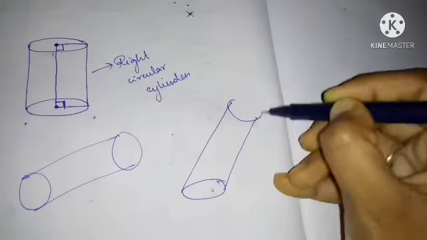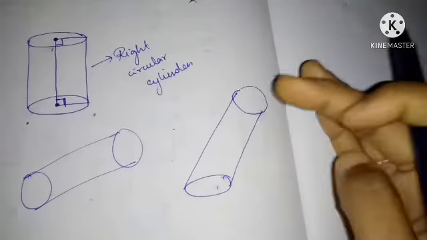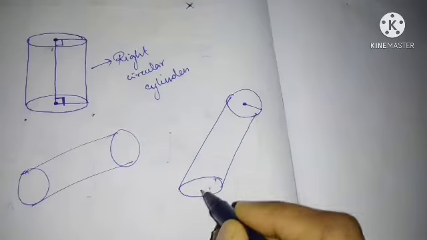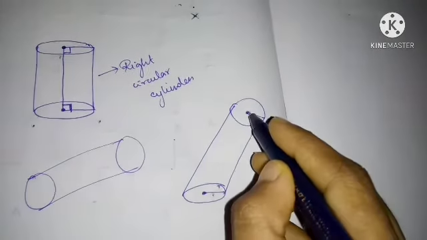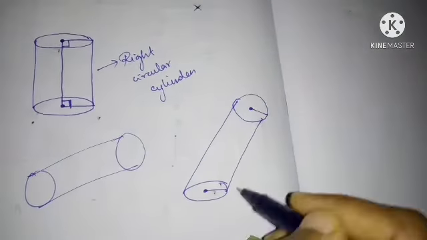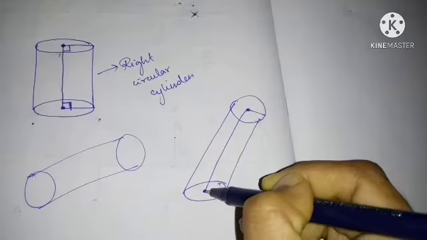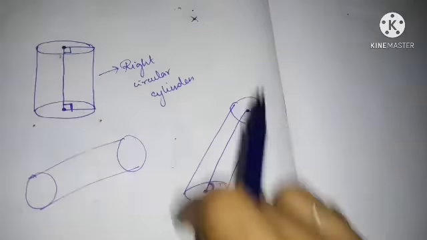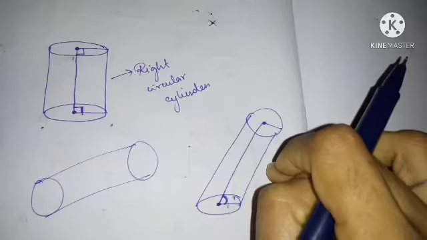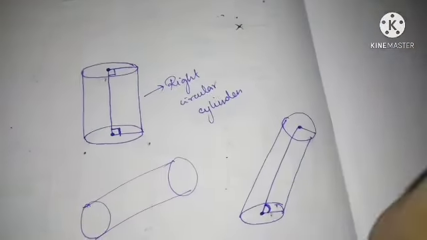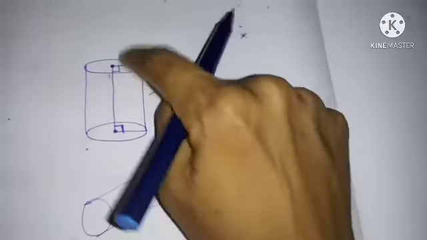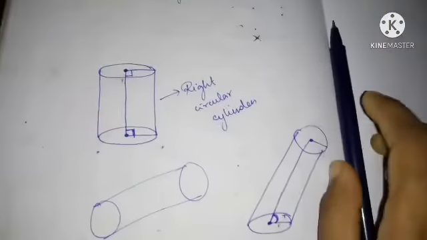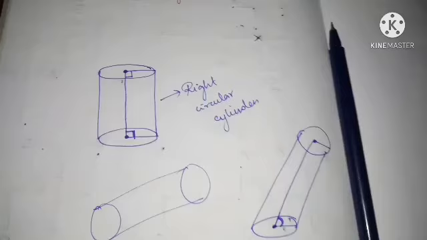Here, this is also one cylinder, and it has a center and a radius, but when I draw a line segment connecting two centers, it doesn't form 90 degree. So this is not a right circular cylinder. So a right circular cylinder means the line segment joining two centers of the circular bases should form a 90 degree angle. So it is called a right circular cylinder, which is very important.